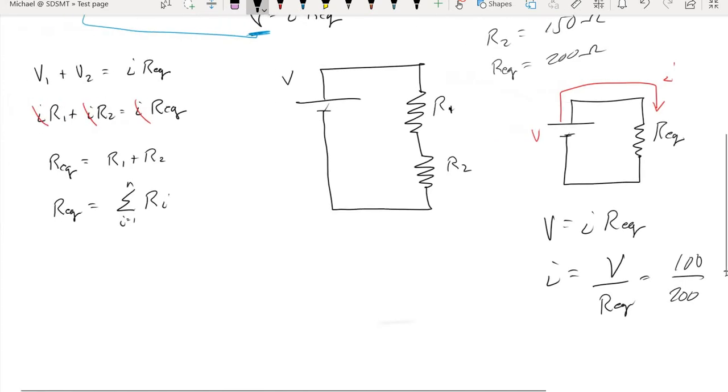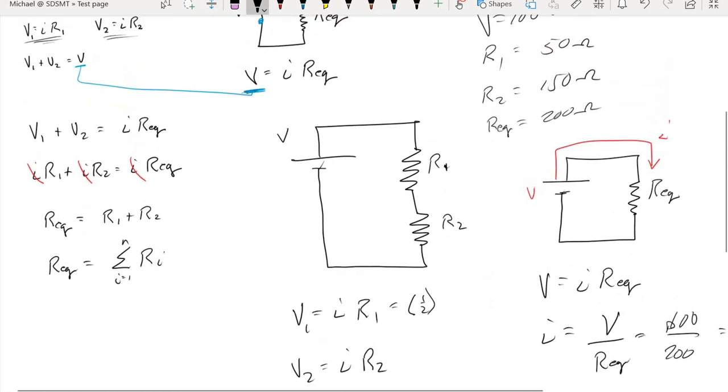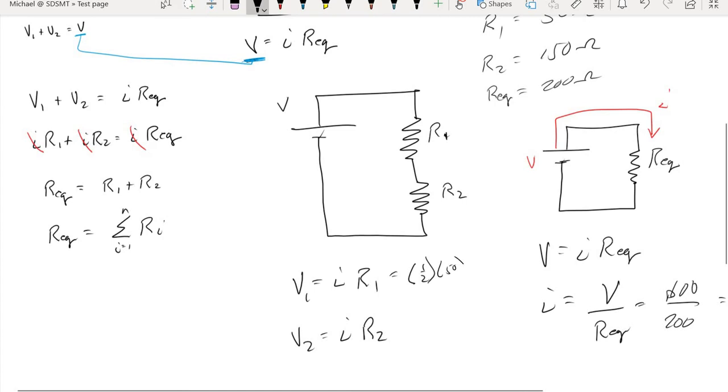Now that we know the current that is running through our circuit, we can apply that to the individual resistors. Don't need the subscript on the current term because it's the same current. V1 will equal the current times resistor 1. So we have a half times 50, which is 25 volts.